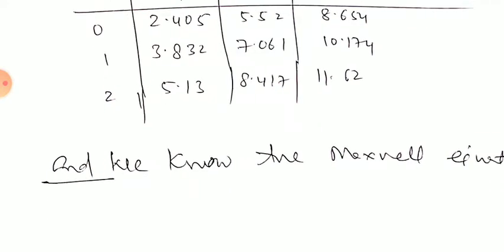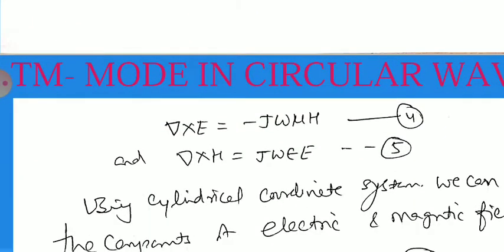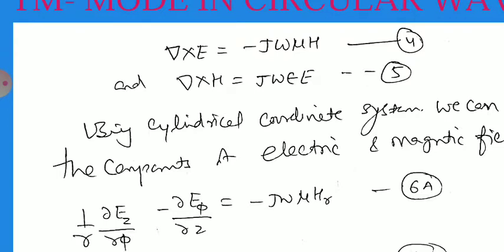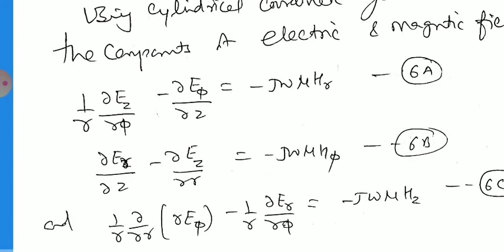And we know the Maxwell equations for these two fields, electric and magnetic field, that is del cross E equal to minus j omega mu H and del cross H equal to j omega epsilon E. Using the cylindrical coordinate system, we can obtain the components of electric and magnetic field like we have calculated in the TE mode, that is 1 by r del Ez by del phi minus del E phi by del z equal to minus j omega mu Hr.